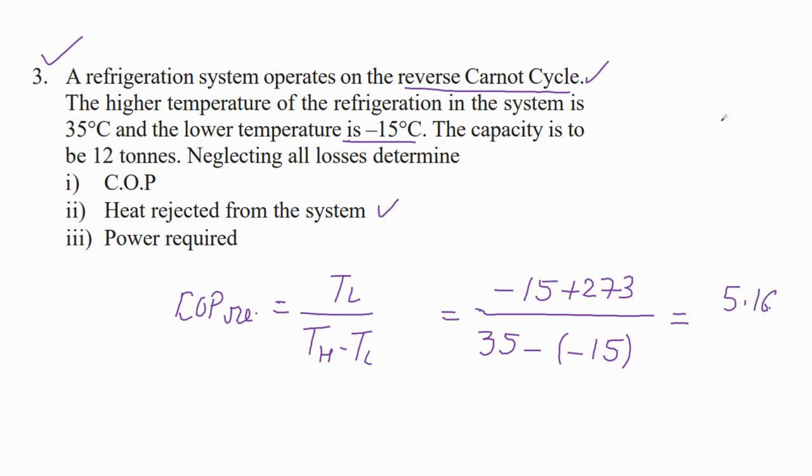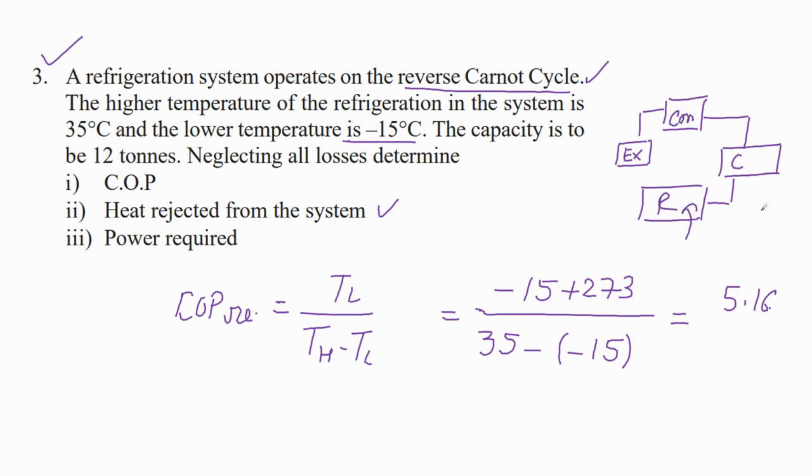Now, what is the heat rejected from the system? So actually how these systems look like, we have a compressor here, and we have a refrigerator here, ठीक है, और हमारे पास यहाँ पे एक कंडेंसर होता है और एक एक्सपेंशन वॉल्व, ठीक है. Heat is absorbed in this system, and heat is rejected in this system, QR.